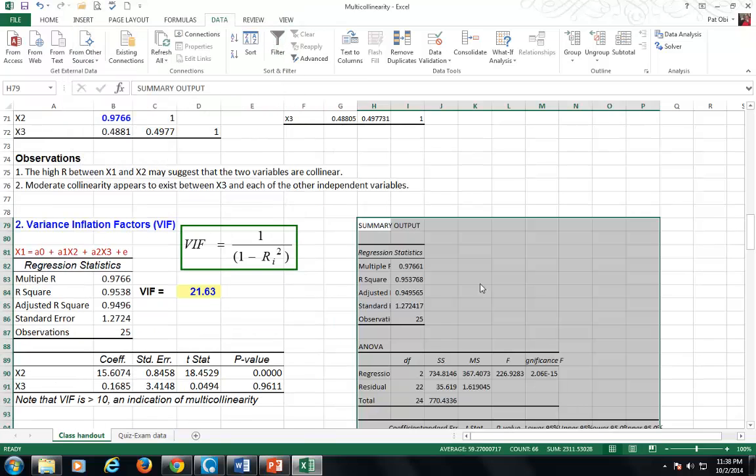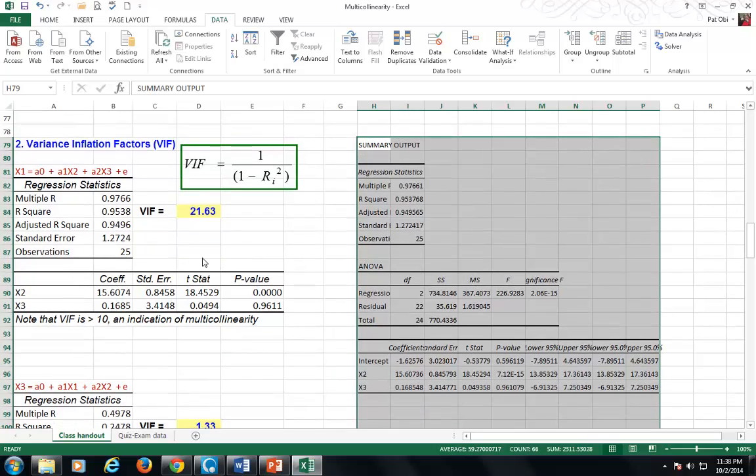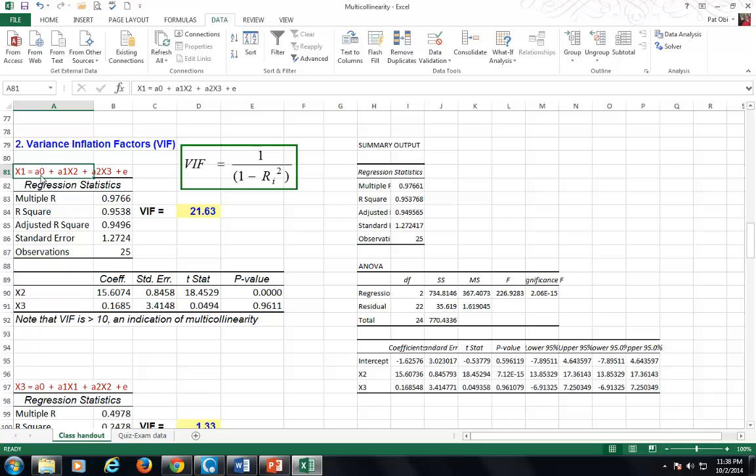So okay, I already have my output over here, and you can see x1. You can see the regression I just ran right here. This is the variance inflation factor. Looking at the formula, all I did was to go equal 1, which is the numerator, divided by open parenthesis 1 minus R squared, and this is R squared right here.